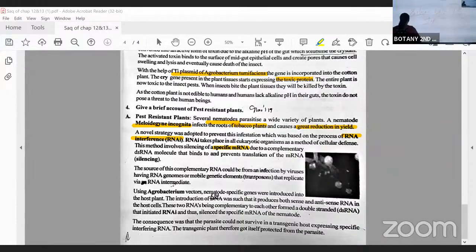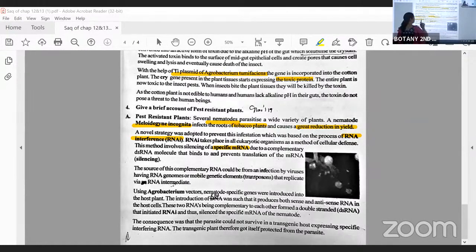Once the proteins are made, the gene does the transcription and the translation, and it causes the enzymes, otherwise the diseases. So here we are stopping this.